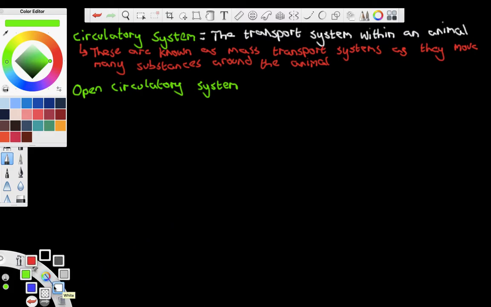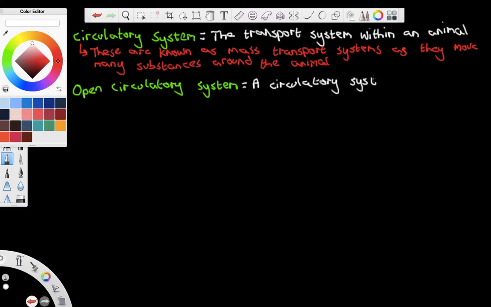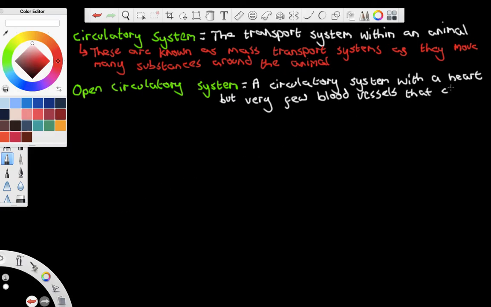So we can define this as a circulatory system with a heart, but very few blood vessels that contain the transport medium.